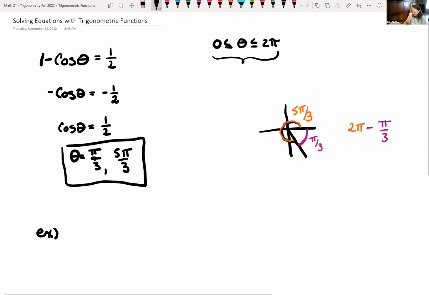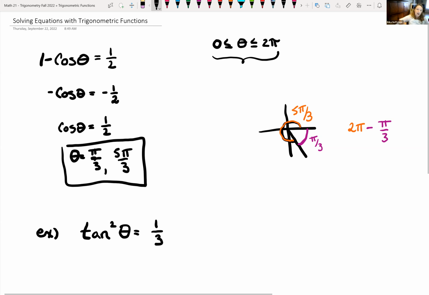So let's pull another one. How about tangent squared theta is equal to 1/3.